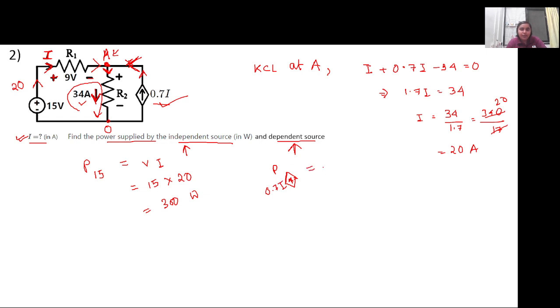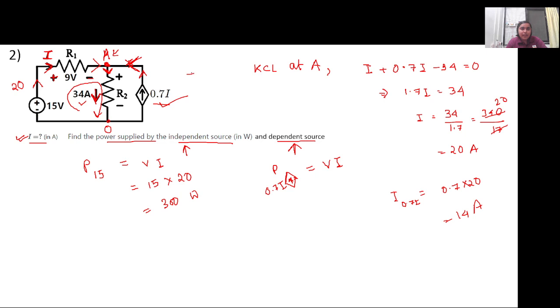So what do we need for power? Voltage and current, right? We have the current that is flowing here. So what will be the current? Current through this 0.7 I current source will be 0.7 into 20, right? It is 14 ampere. And to get the voltage, we will have to solve for the node voltage VA, right?